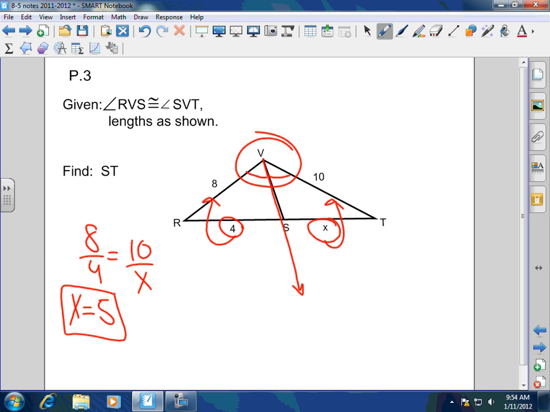The ray is never the adjacent. Yes, sir. So in this particular one, if you didn't know x was 5, you wouldn't be able to go 4 to x. You could have done 4 to x equals 8 to 10. Absolutely. Of course you could have done that.